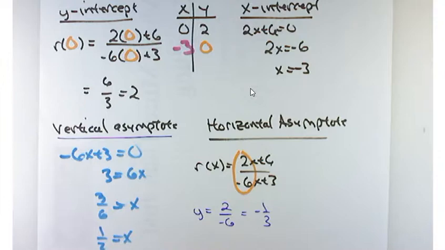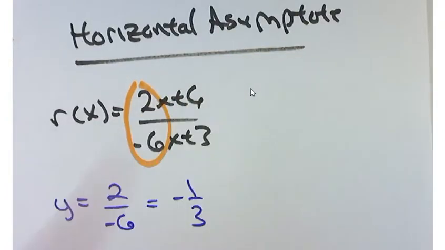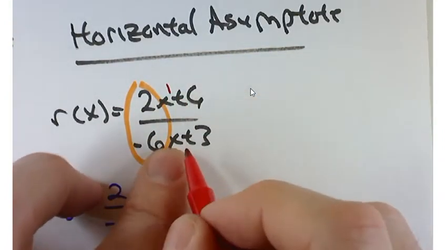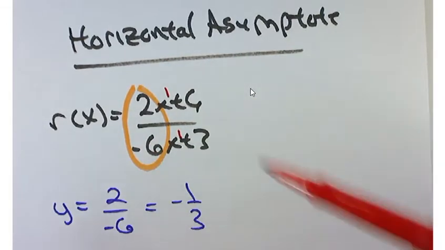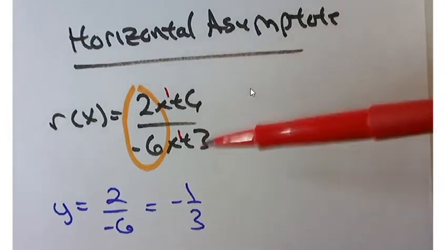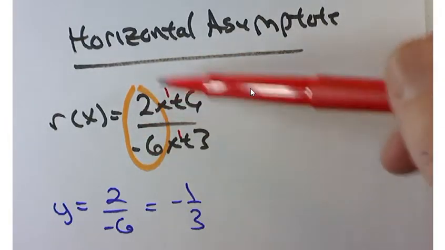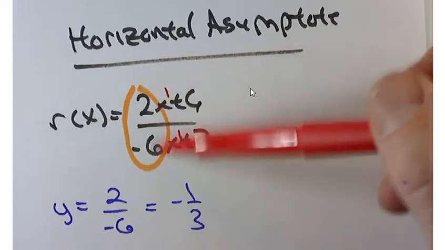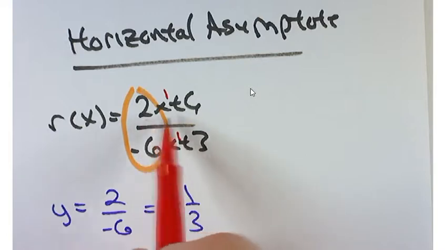Sure. So even though it's not really written, what's the degree of this polynomial understood to be? 1. And the degree of this polynomial is also 1. So when the degrees of these match, when they're equal, then to find the equation of your horizontal asymptote, you're going to look at the leading coefficients. So the leading coefficients are the coefficients in front of these terms.